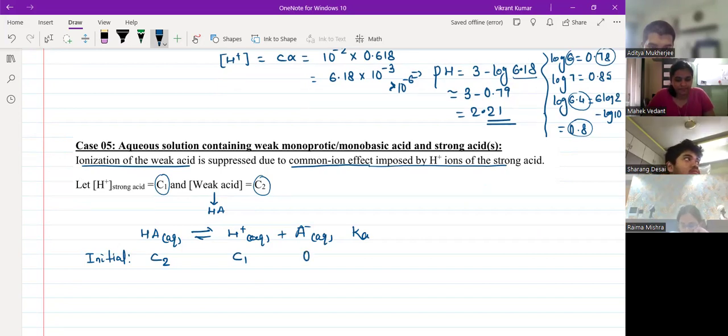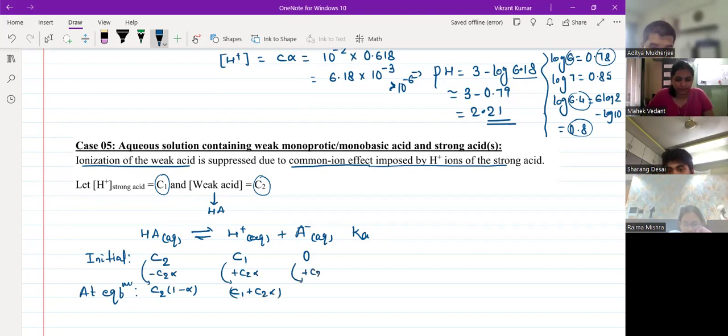So we'll be starting with this point, and then at equilibrium we can assume that alpha is the degree of ionization of weak acid, so it will become C2 alpha is the consumption, so this will be formed by C2 alpha, so this becomes C1 plus C2 alpha, and this will also be formed by C2 alpha.